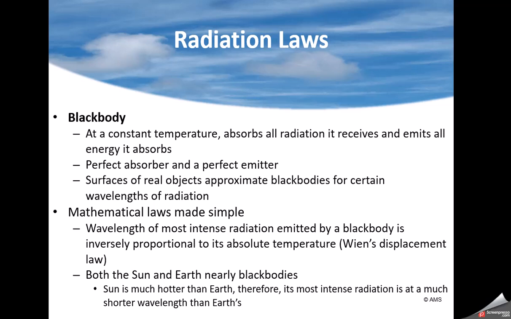If you think about an electromagnetic black body, all the radiation is absorbed and then all is sent back out. Most surfaces approximate black bodies. It makes the laws simpler.